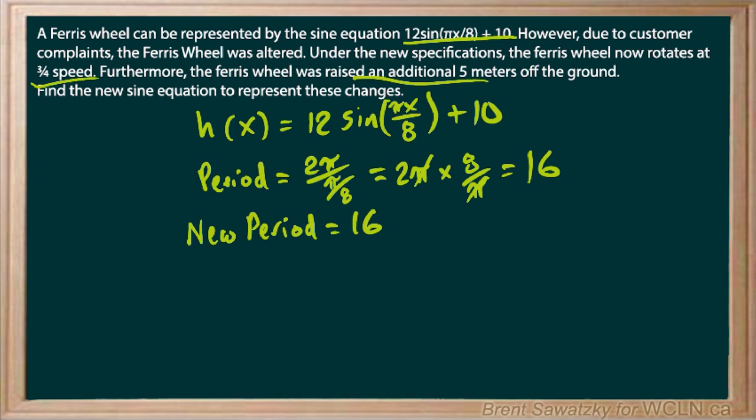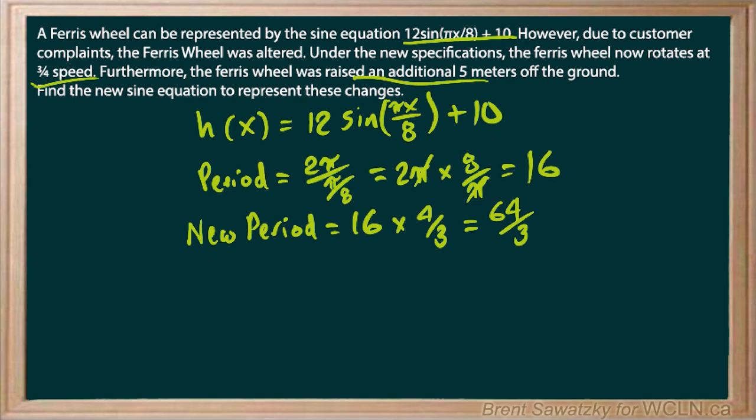So with inversely proportional like that, we know that the period is going to be bigger, and so we could just multiply this by 4/3. And that's just our 3/4 speed flipped. And we'll end up with a bigger period. And so 16 times 4, 64, 3 on the bottom. Okay, so we have a new period.